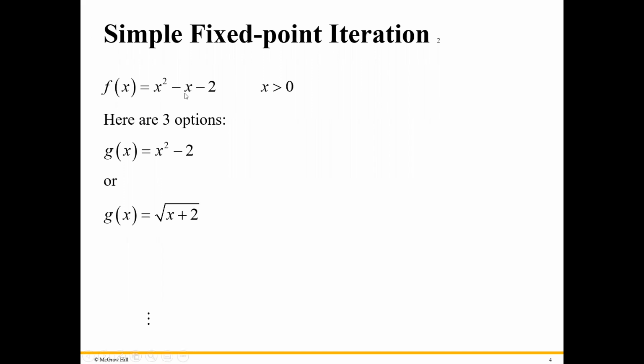If we take minus x minus 2 on the other side of the equation, and then only x square remains over here, we take the square root of that. So it will become x is equal to square root of x plus 2. Okay, so this is another form of the equation which can be used for the simple fixed point iteration. And a third form of the equation can be written like this.